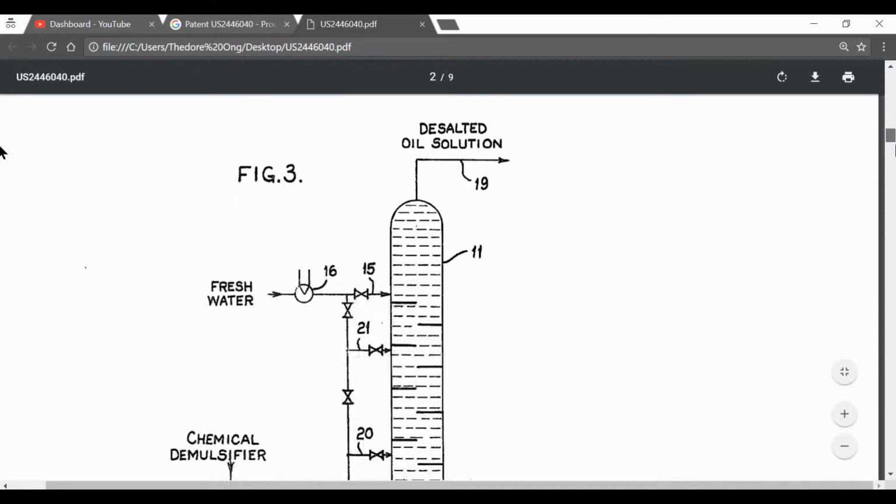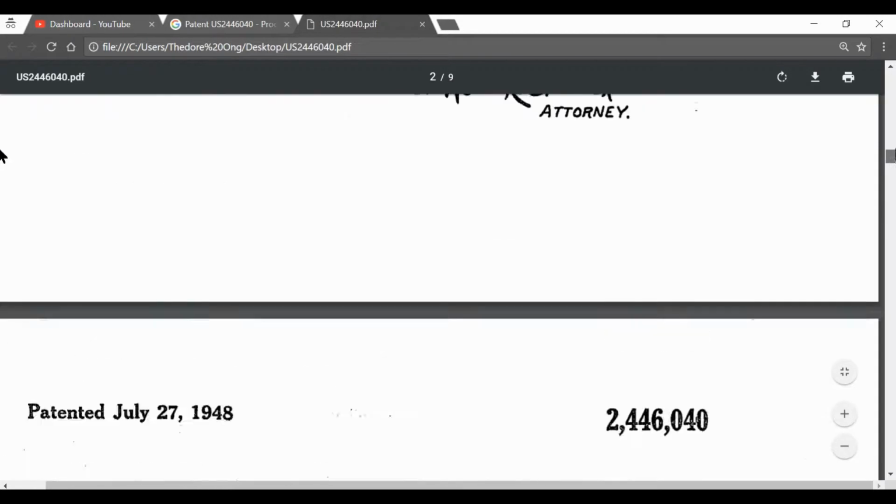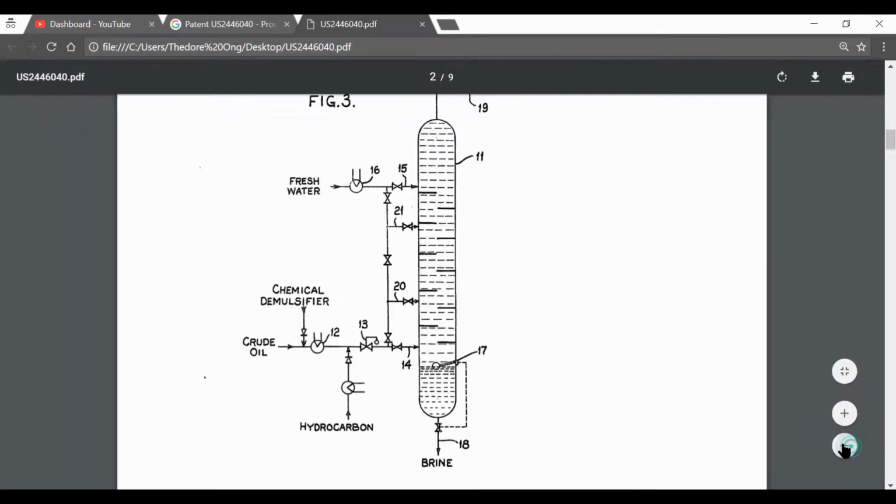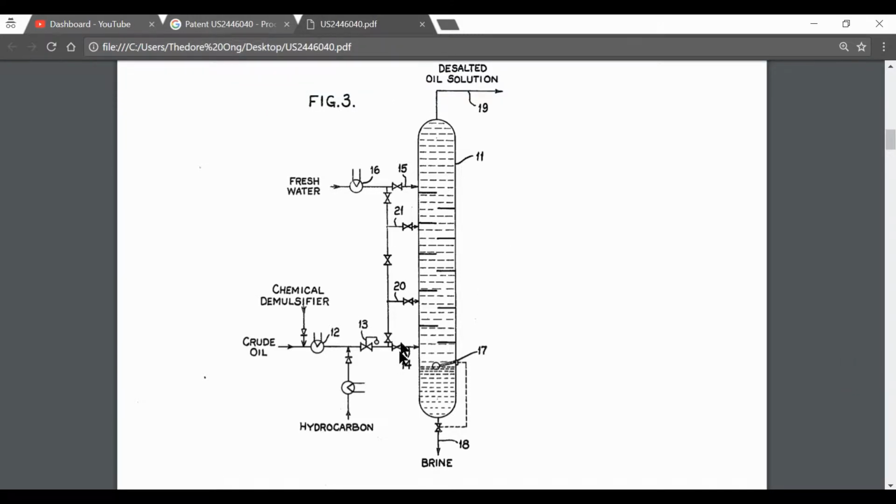But what he's saying is that figure 3 is a countercurrent settler. So what happens here is that the oil, which is rich in salt water, is pumped through the bottom and it floats to the top, and the water comes from the top and it goes to the bottom. So when it goes countercurrent, the mass transfer is very efficient.